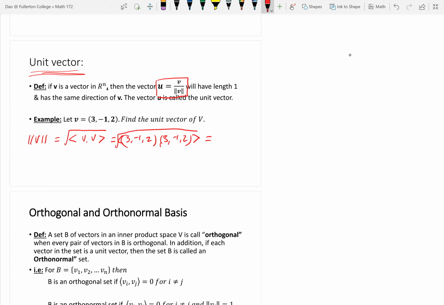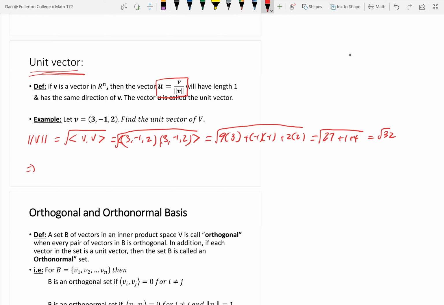This gives us 3 times 3 plus -1 times -1 plus 2 times 2, so 9 plus 1 plus 4, which is 14.